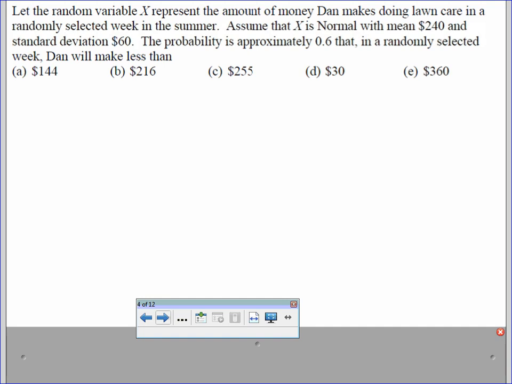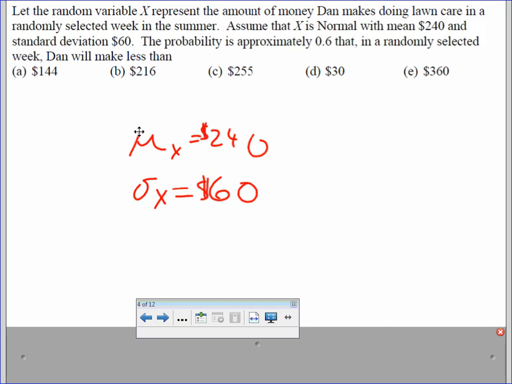Now we have a continuous random variable, and so assume that x is normal with a mean of 240 and a standard deviation of $60. So the probability is approximately 0.6 that a randomly selected week Dan will make less than. So it's a normal distribution, so we need 0.6.